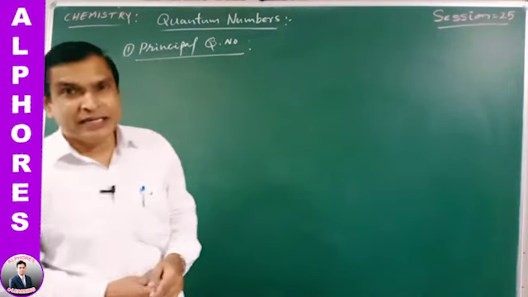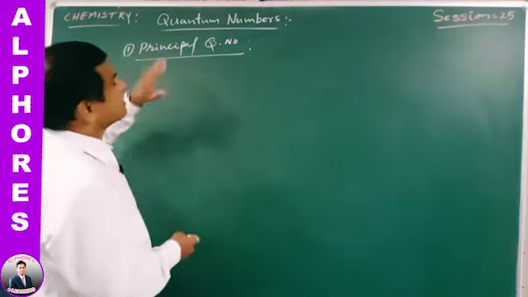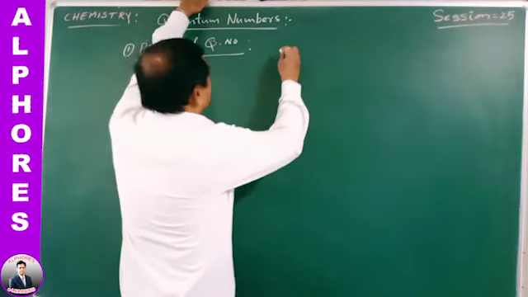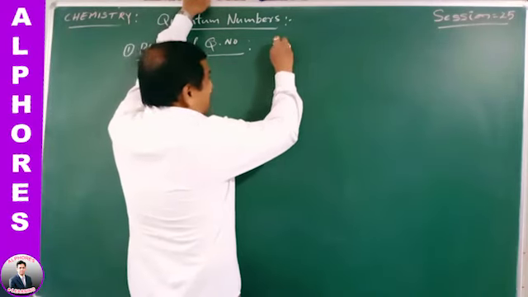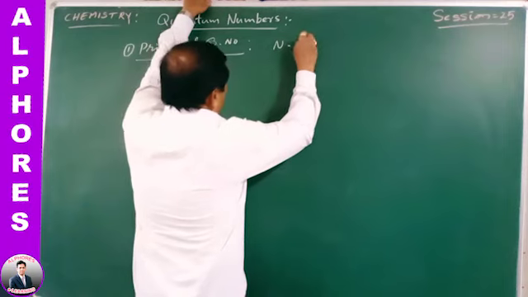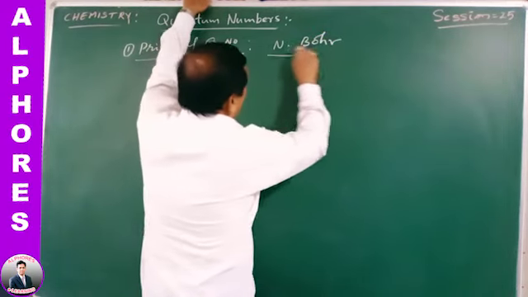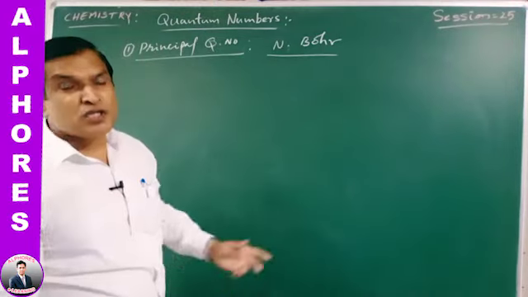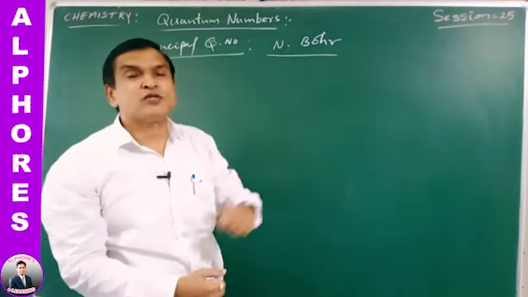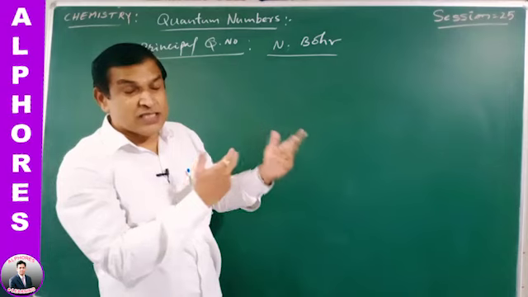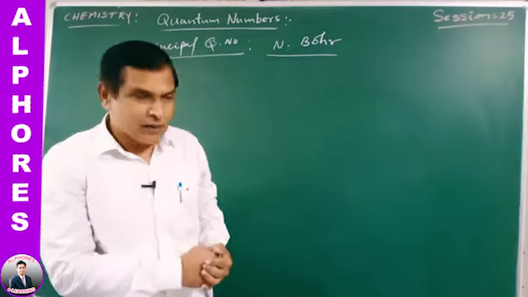Principal quantum number was explained, discovered, or introduced by Niels Bohr.